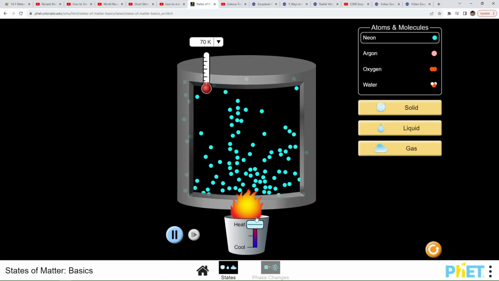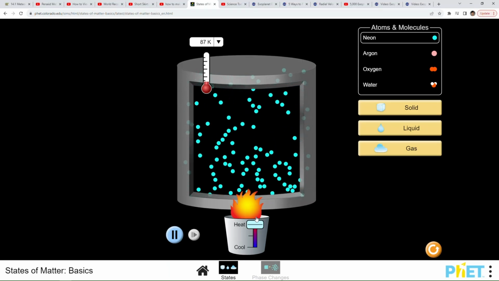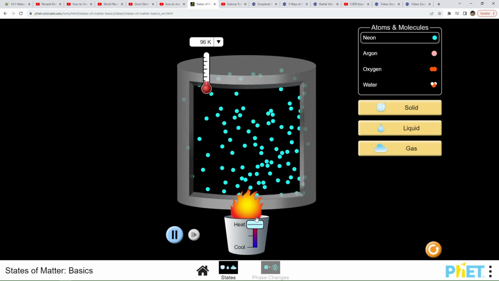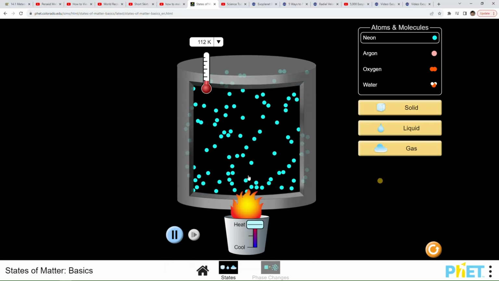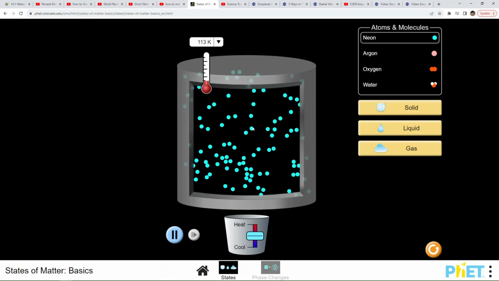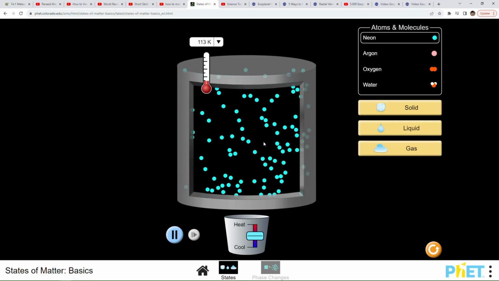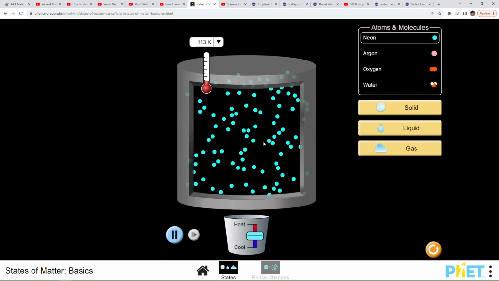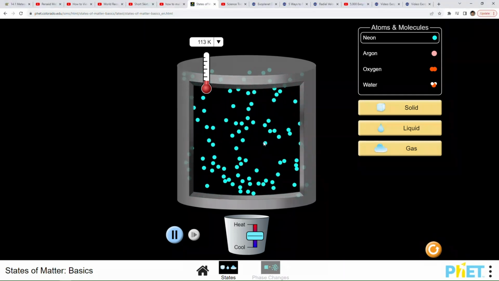So what we talk about as temperature, fundamentally the definition of temperature is a collective measure of the motion or kinetic energy of individual atoms or molecules. You can imagine under the force of gravity, if you drop an object to the ground, the object will move faster and faster, right?